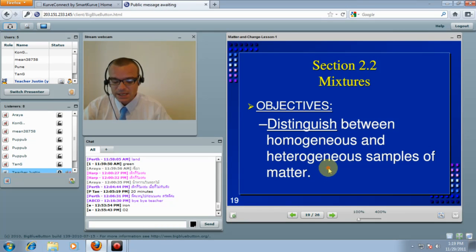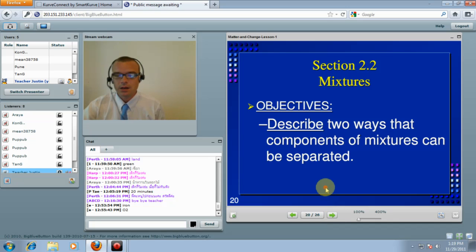And distinguish between homogeneous and heterogeneous samples of matter. How do you tell them apart? And describe 2 ways that components of mixtures can be separated.